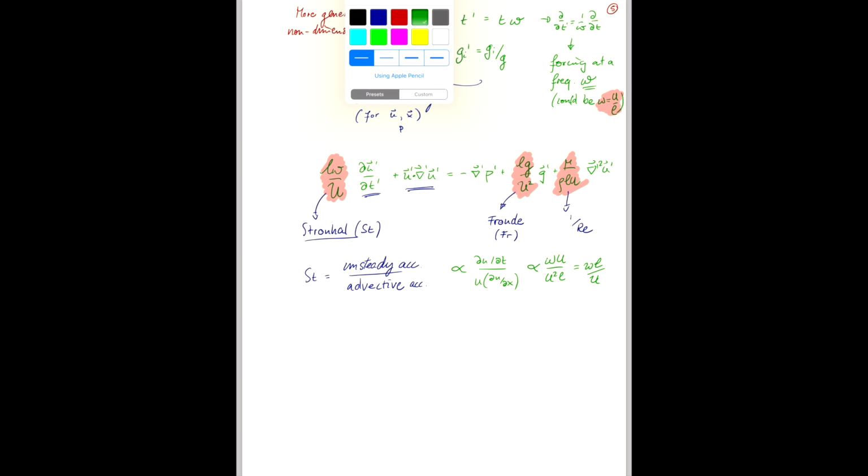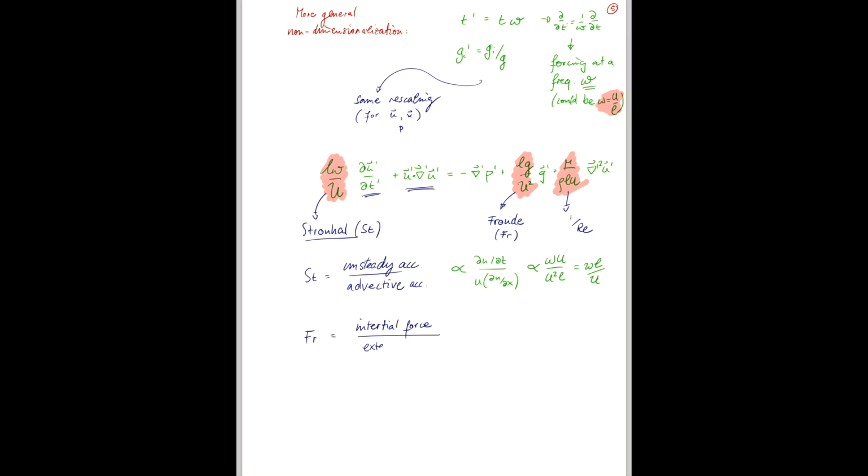Now the Froude number basically tells you how important the inertial term is. So the inertial force versus the external force, in our case mostly gravity. And it's really the square root of that, actually.